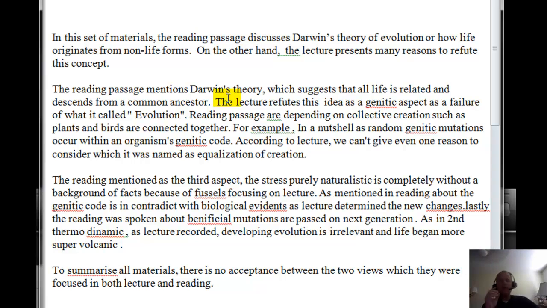The main thing is if you use the lecture and you use a counterpoint, which is all life is related and descends from a common ancestor, you want to find something in the lecture that says that is not true.